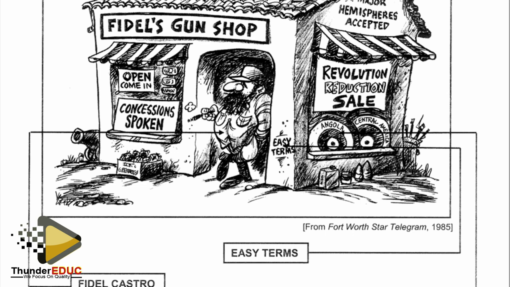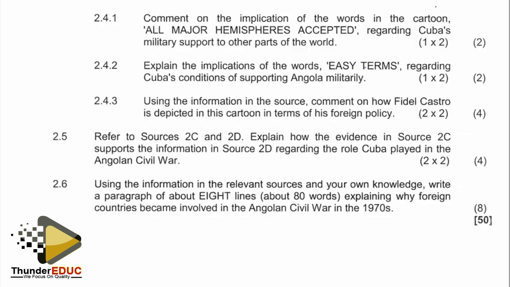And if we also check, it says open, come in, which means people were free at any point in time to interact with him and agree with each other on how they can assist each other. Right. So what is the implication of that to how Fidel Castro was implementing his foreign policy?